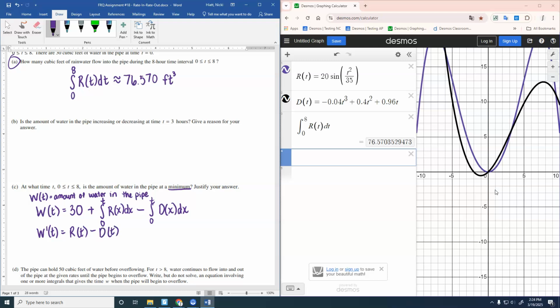So if I'm looking at the derivative, to find critical points, I need to know where the derivative equals 0, right? So if R of t minus d of t equals 0, that would mean we're looking for where R of t equals d of t. Right, if I just like moved that d of t over to the other side. How can I find that?